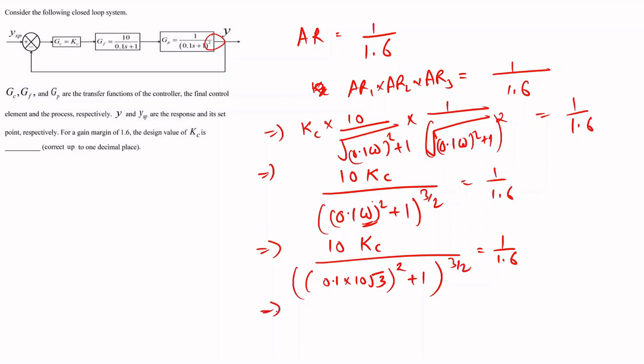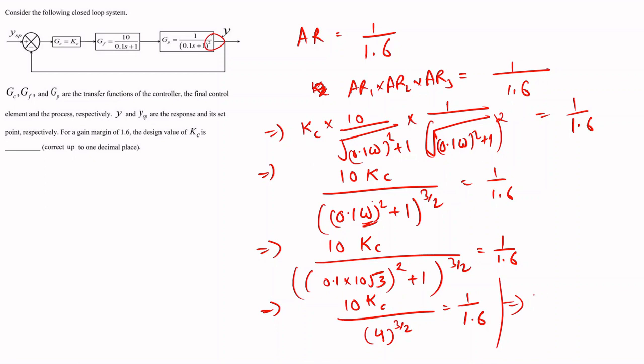So this will become 10 times Kc upon (0.1 times 10 root 3, that is root 3, squared gives 3, plus 1, that is 4) raised to 3 by 2, is equal to 1 upon 1.6. 4 raised to 3 by 2 will be 2 raised to 3, that is 8.